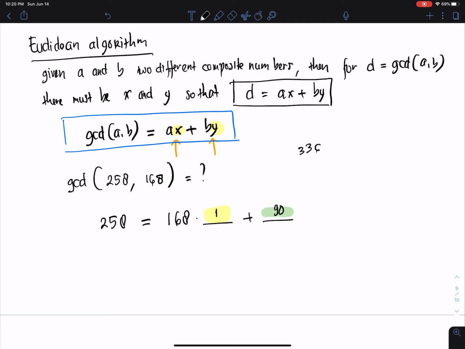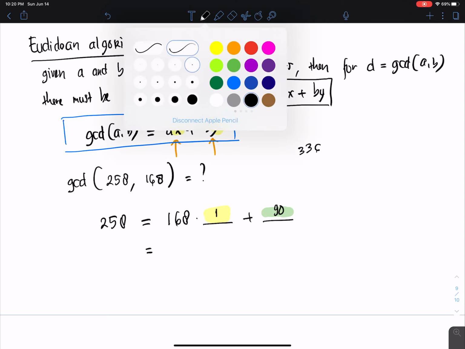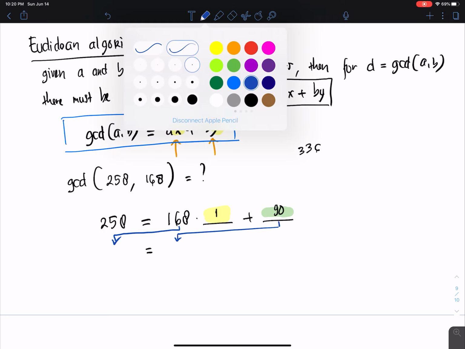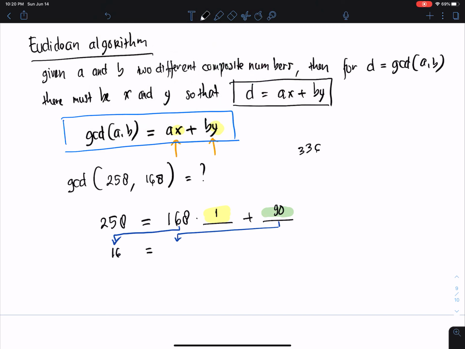Okay, so what next? What we need to do next is this movement: the 168 we move over here, and the 90 we move over here. So we will have 168 equals 90 times what number, plus the remainder.